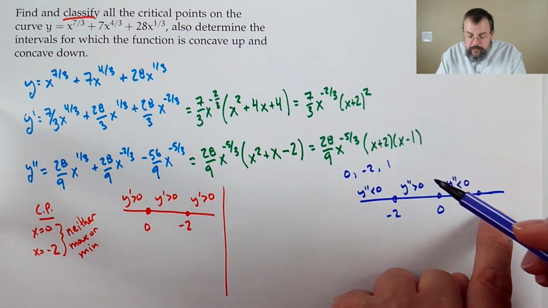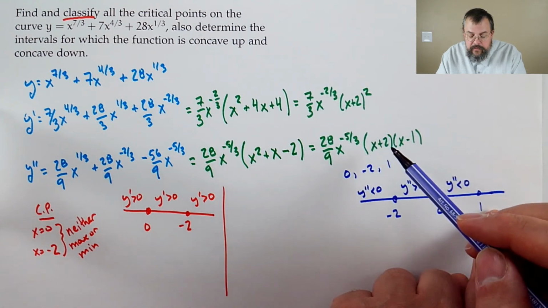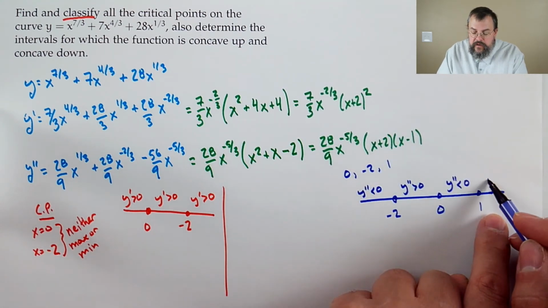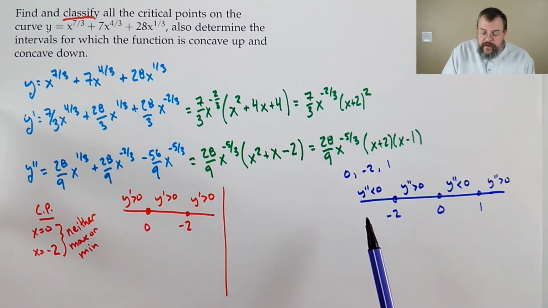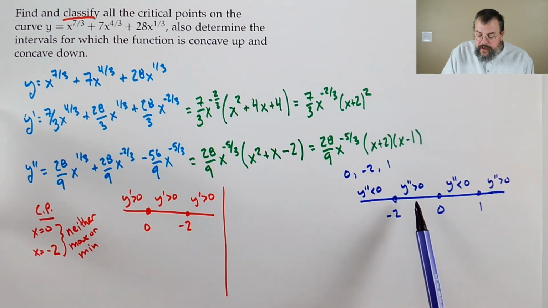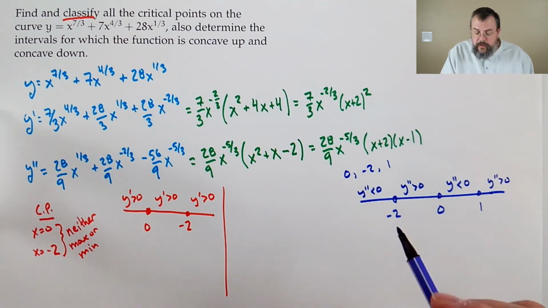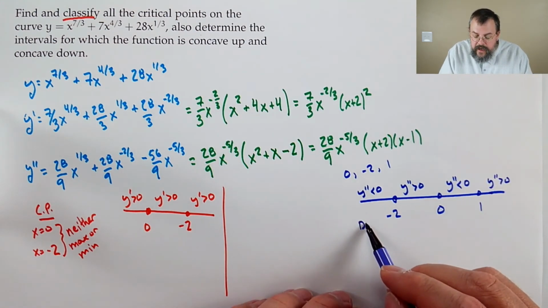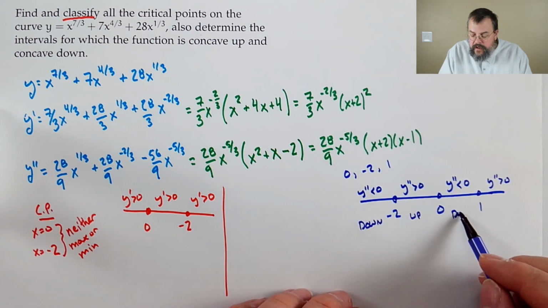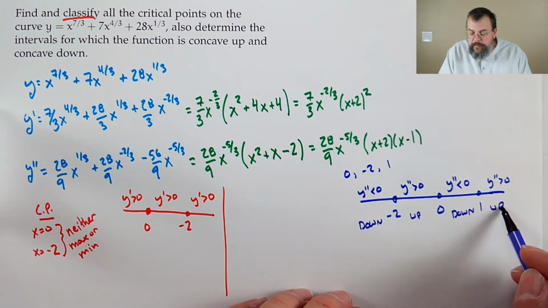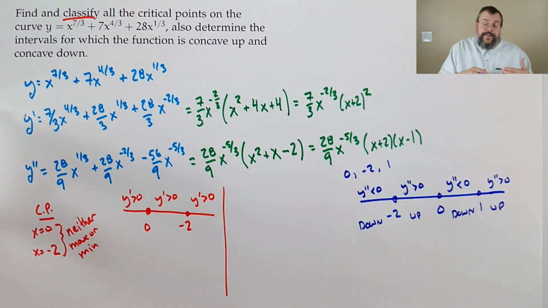Plug in, say, 2: positive, positive, positive. So we're back to positive. So we alternate: negative, then positive, then negative, then positive. Or, in terms of concavity: concave down, concave up, concave down, concave up. So we have interesting things happening where we're switching concavity down, up, down, up.